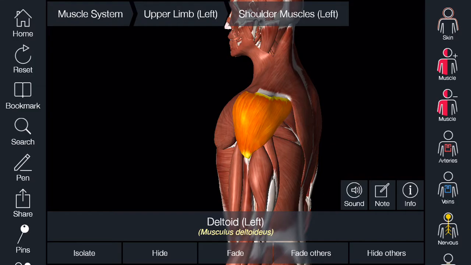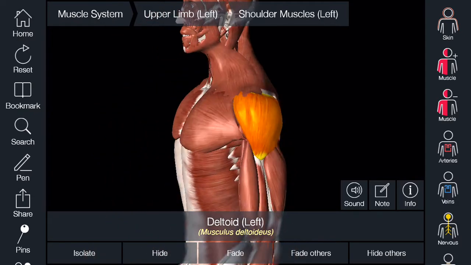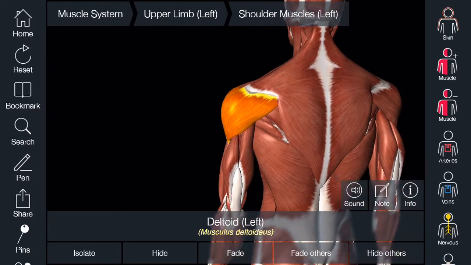The origin is the clavicle, which sadly you can't see, but yeah, the origin is the clavicle, and the insertion point is the humerus. That's the deltoid.